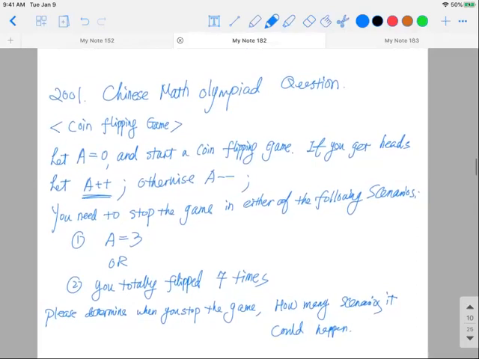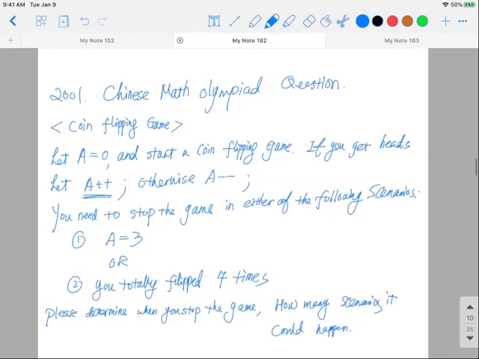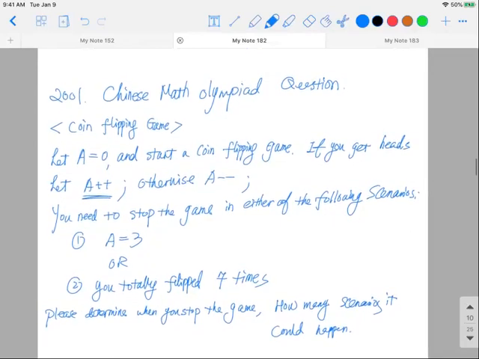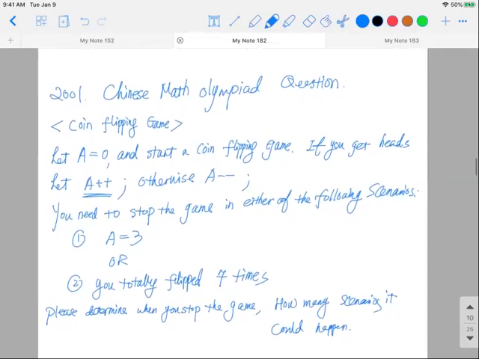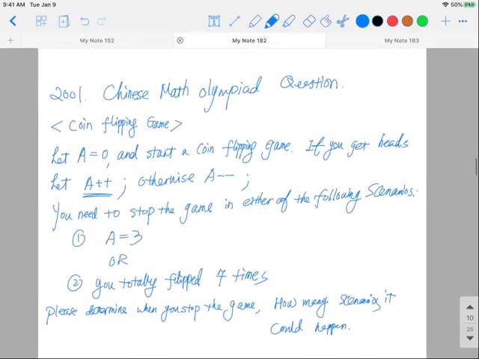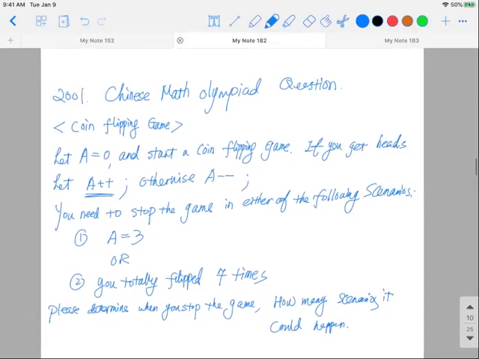You need to stop whenever one of the following two scenarios is achieved. Either A goes to 3, or even though A does not go to 3, you totally flip 7 times, then you need to stop. So the question asks you, whenever you stop, please tell me how many scenarios it could happen.